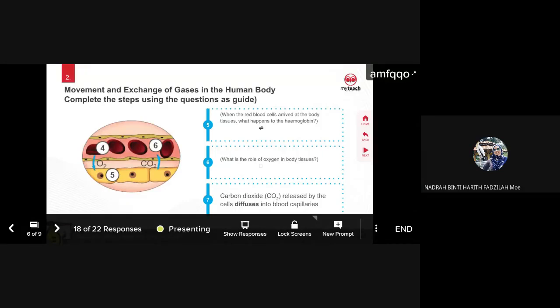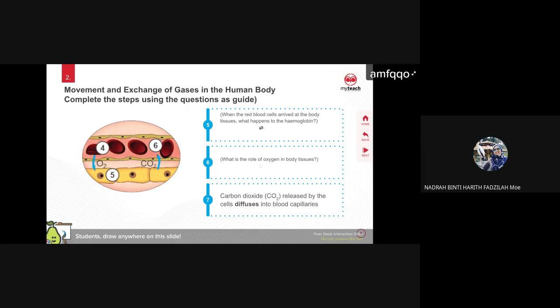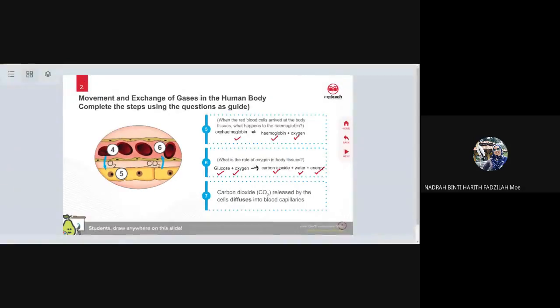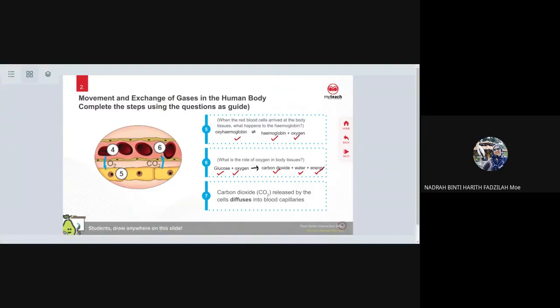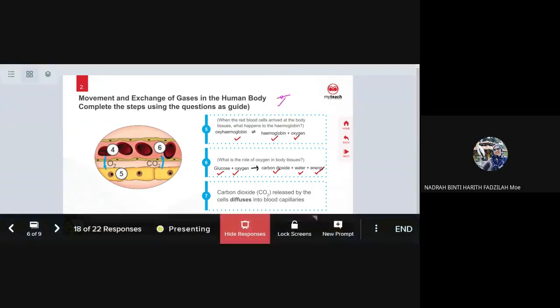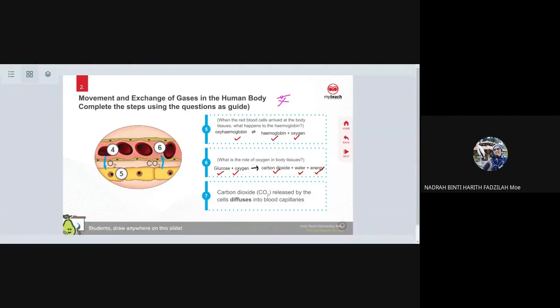Okay, yeah. I hope most of you have changed your answer, have edited your answer. Okay, sekejap ya. Saya screenshot satu contoh jawapan dan saya akan share pada Telegram so that when you get the notes from PEDEC, you can refer back to this particular slide and update your answer.